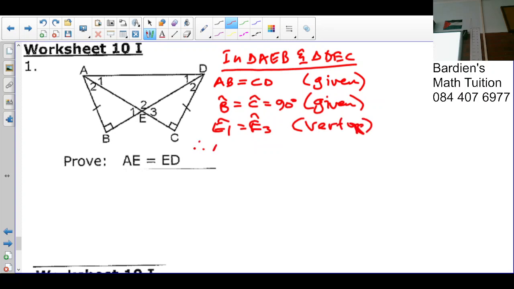So therefore, triangle AEB is congruent to triangle DEC. Why? Angle, side. Then we can conclude, therefore, AE is equal to ED.